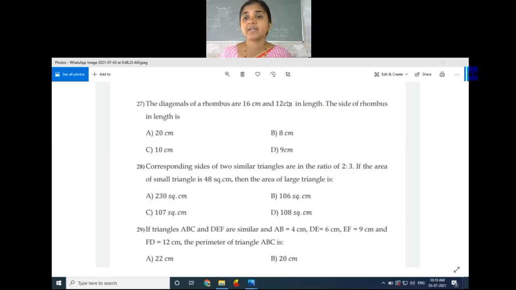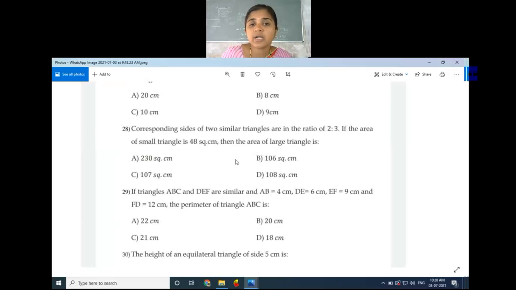When we apply the Pythagoras theorem for 8 centimeter and 6 centimeter, after the calculation we get 10 centimeter as the answer. You all know how to apply the Pythagoras theorem, which you have studied since 7th standard, so I don't want to repeat that. So the side of the rhombus is 10 centimeter.